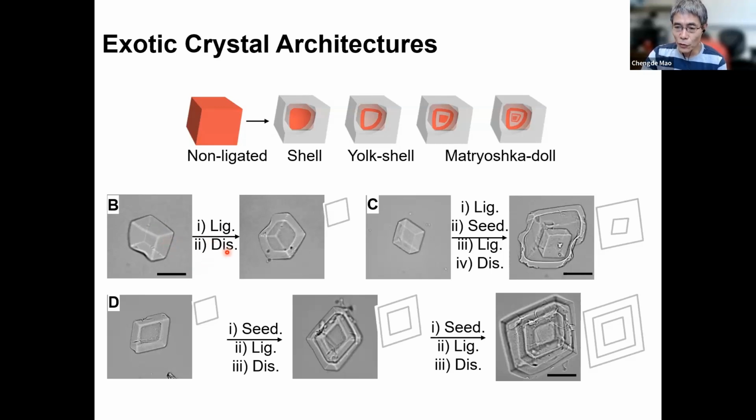Then after a short ligation, you can dissolve the inside of the crystal, and you only get a crystal shell with an empty inside. Then you can use this shell as a seed to grow a crystal outside, go further, and repeat this process again. Then you get 2 layers of crystal shells, and you can go on to get multiple layers of crystal shells. That is pretty much a Russian doll structure at the end.